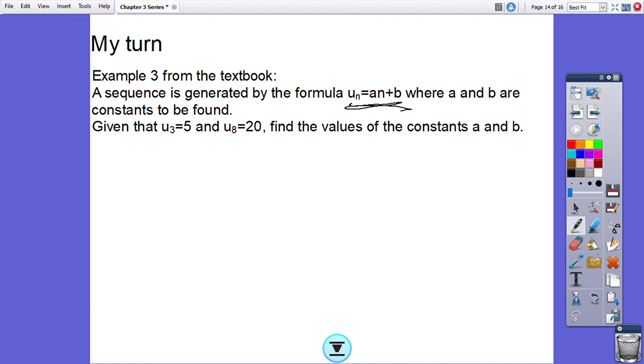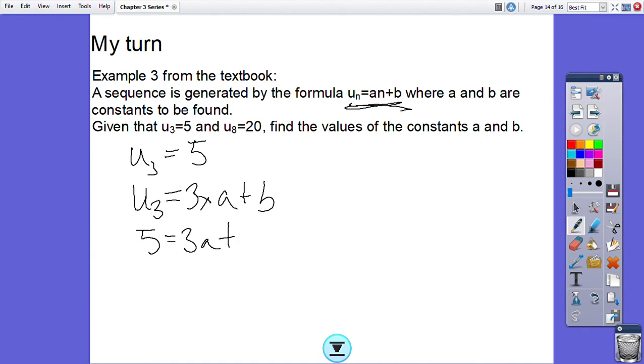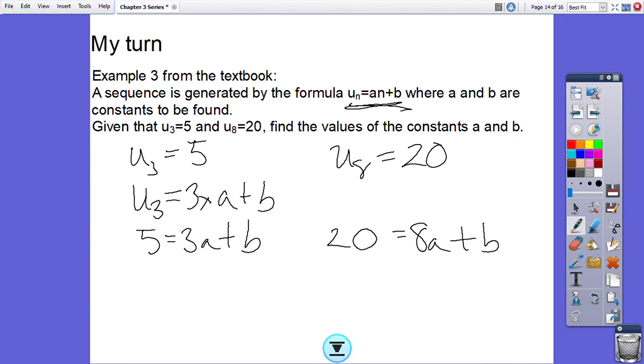So let's start off and say that U3 is 5. So U3 is, using their definition, 3 times A plus B, so 5 equals 3A plus B. U8 is equal to 20, so we have 20 equals 8A plus B. Right.